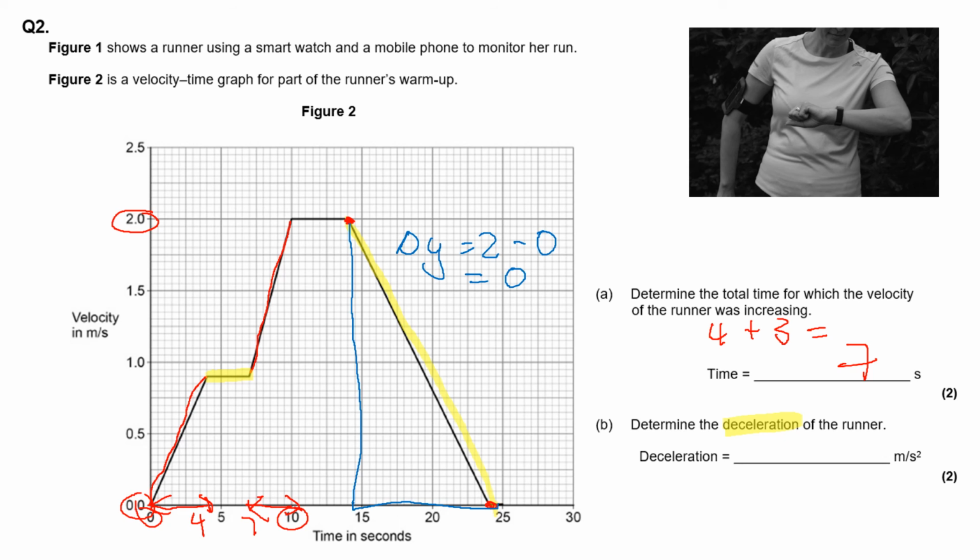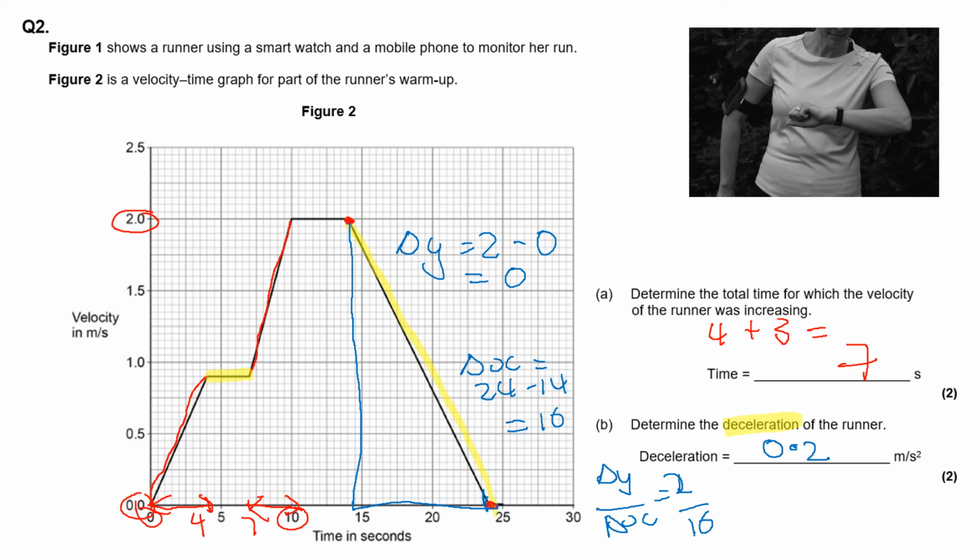And then the change along the x-axis, or the change in time, slightly harder to see on my wobbly line here, goes from 14 seconds to 24. 24 minus 14 gives us 10. So by the gradient method, change in y divided by change in x gives me 2 divided by 10 equals 0.2 meters per second squared, and they've given us the unit.